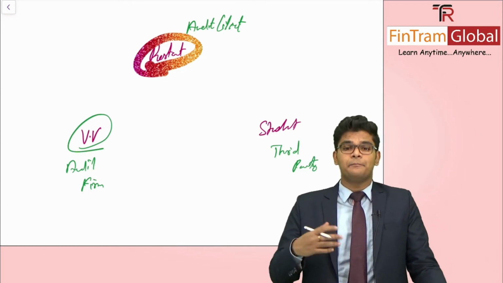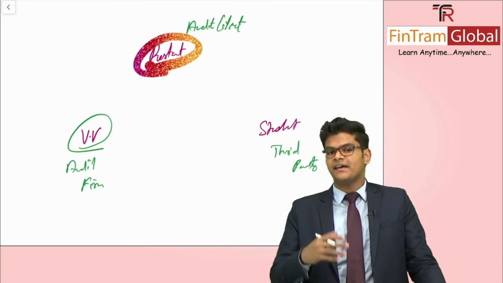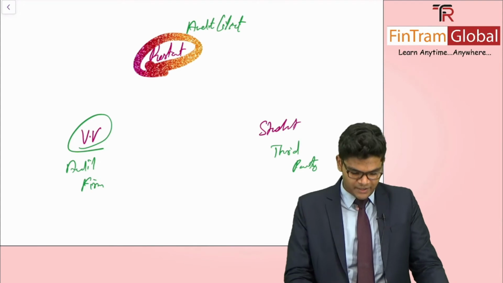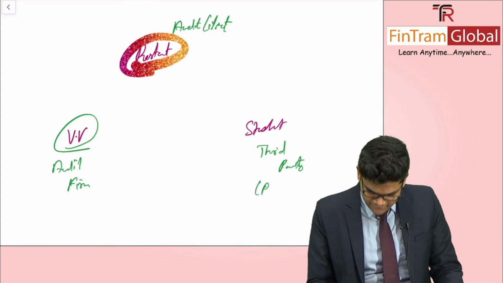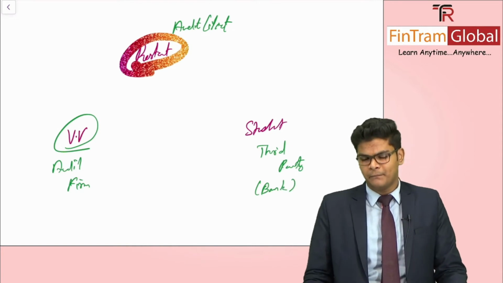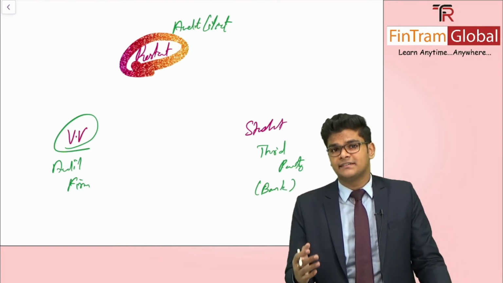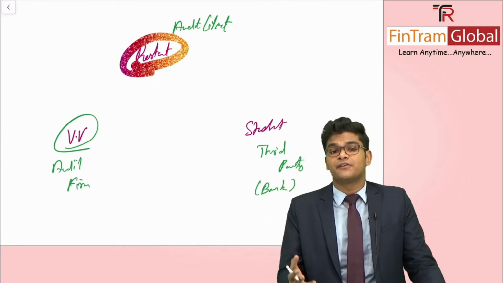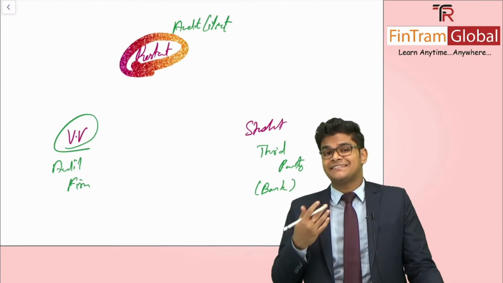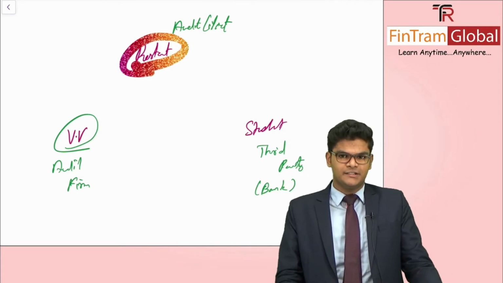It could be a bank or financial institution, a supplier, a customer, etc. Let's consider the third party as a bank. I want you to consider the situation where the audit client wants to apply for a loan and the audit firm is representing the audit client in such a situation.